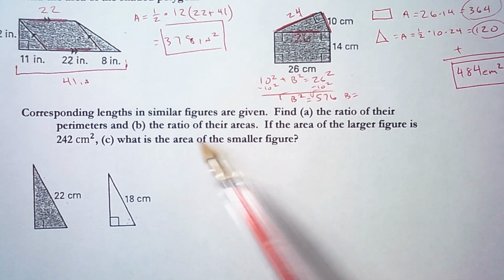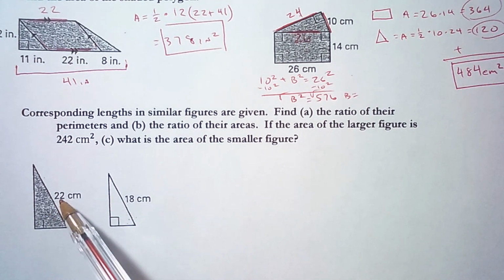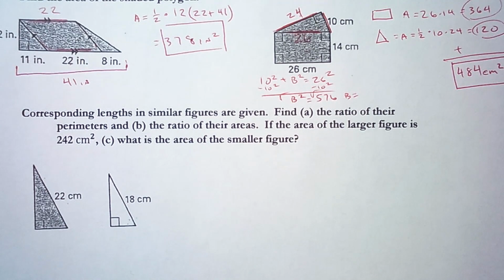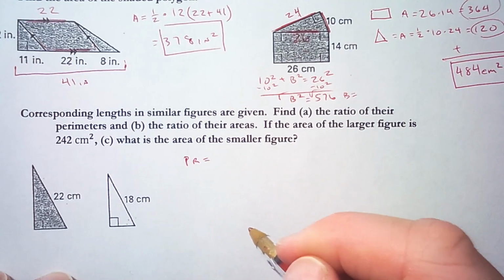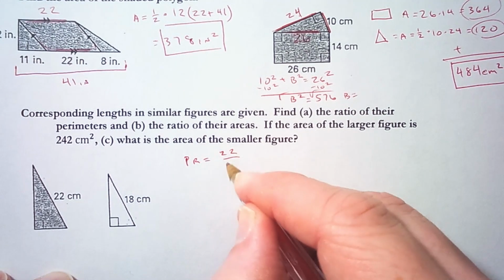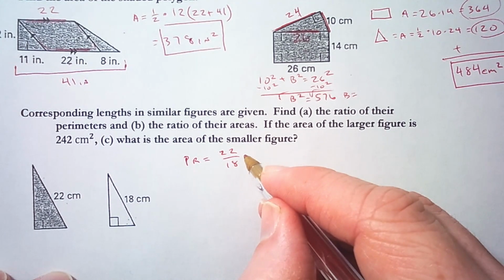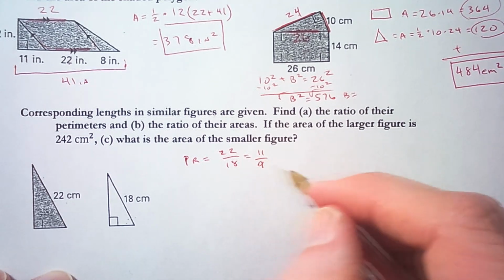Here I have corresponding side lengths in similar figures. So these two triangles are similar. I have corresponding side lengths of 22 and 18. First, find the ratio of their perimeters. So the perimeter ratio is one side over the other, 22 over 18. And 2 goes into both of those, 11 times and 9.